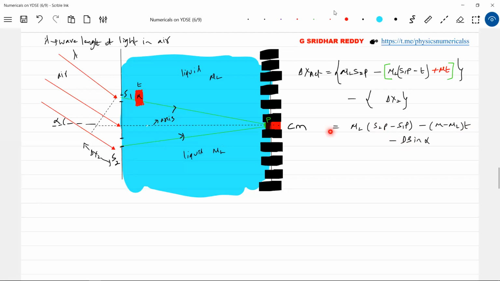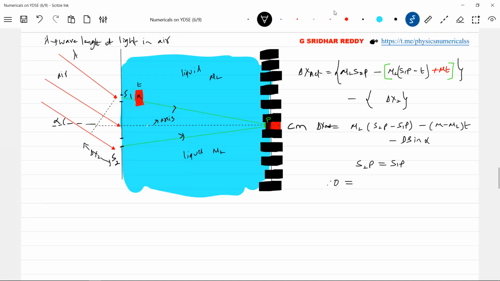So this is it. Now what is S2P minus S1P? It should be 0, no? Because we know from the geometry, you check it. S2P is in fact equal to S1P. So therefore this should be equal to delta x net.